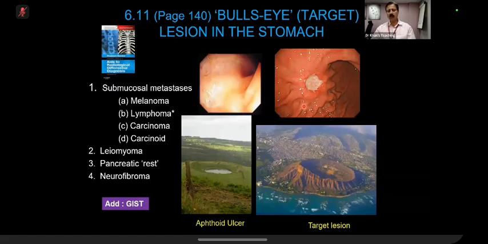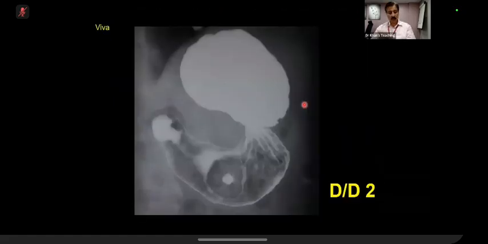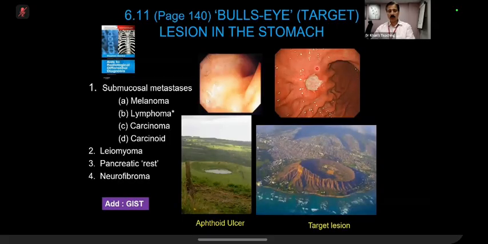And I warn you that target lesion is an exam case. So I will tackle it because I have already told you, look at this. This is a classical target lesion where barium is sitting inside, and look at this, edema or the mound, which correlates with this thing.